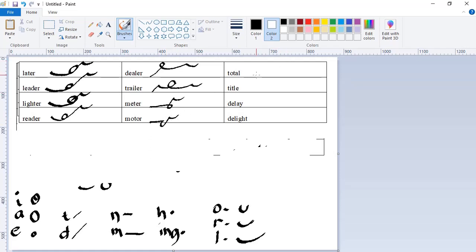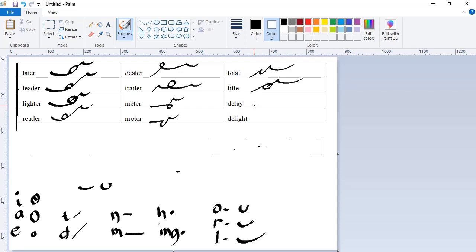Motor. Next, total. So yung total natin, T-O-T-L. Total. Next, title. We have masyadong mahaba, I'm sorry. We have T-I-T-L. Title.